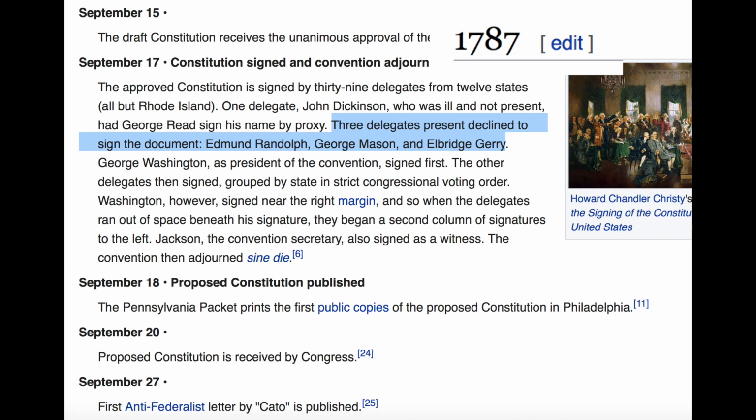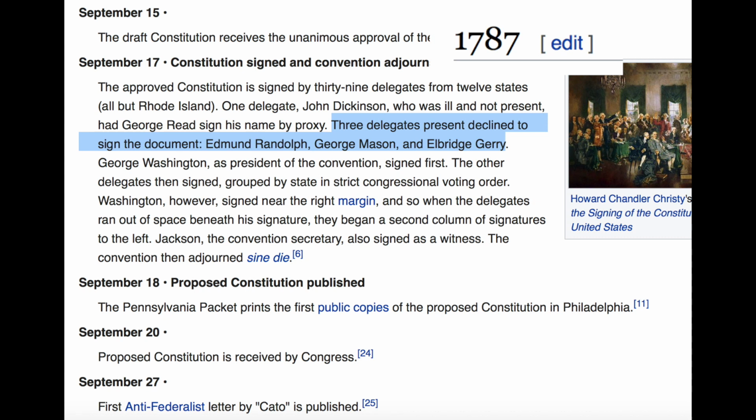So there's just a couple things that I want to mention here. This is from Wikipedia. What you do is go to the timeline of ratification of the Constitution, and you can find out all of this. Okay, so I'm going to skip to 1787, September 17th.